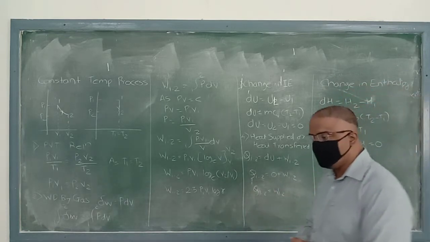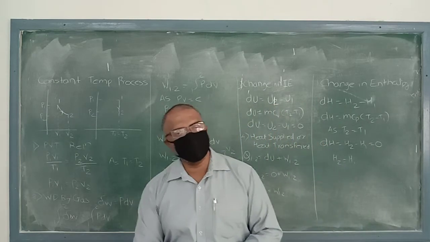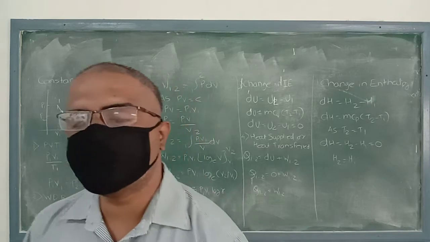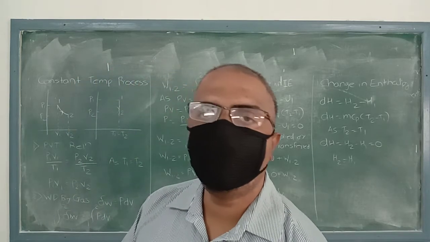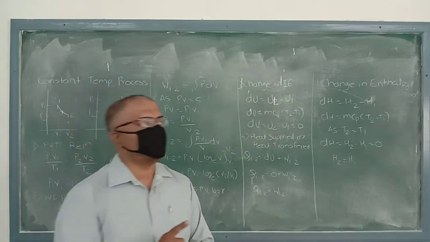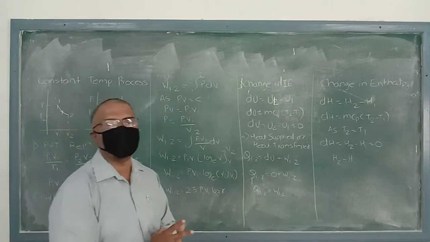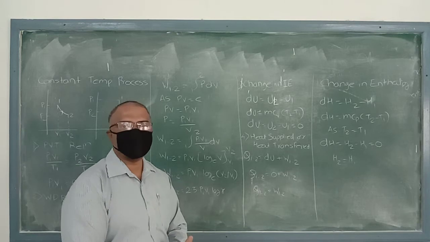As per our definition, the amount of heat supplied is utilized for two purposes: the first purpose is to do some work, and the second is to change the internal energy.